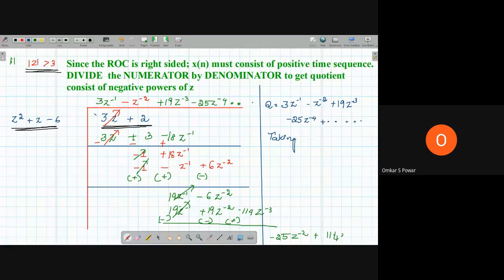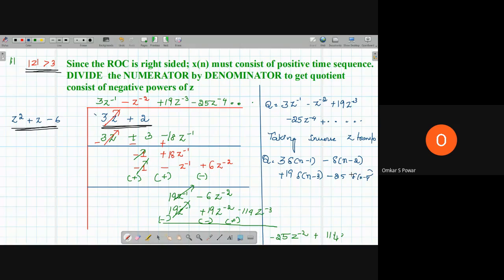So taking the inverse z transform, what we will get here? The inverse of 3z⁻¹ is 3δ(n−1), minus z⁻² is δ(n−2), plus 19δ(n−3), minus 25δ(n−4).